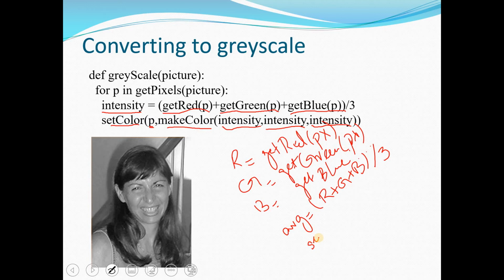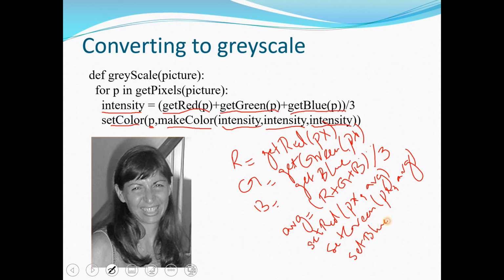So you used get red, now I will use set red. Set red px comma avg. Again set green px comma avg, and finally set blue, same thing.